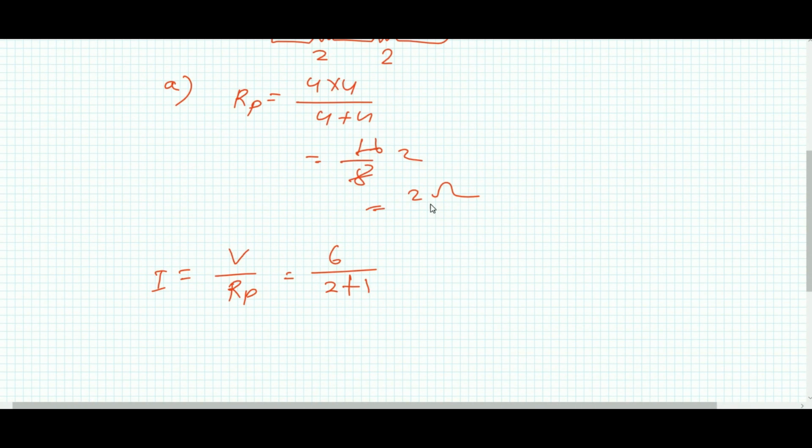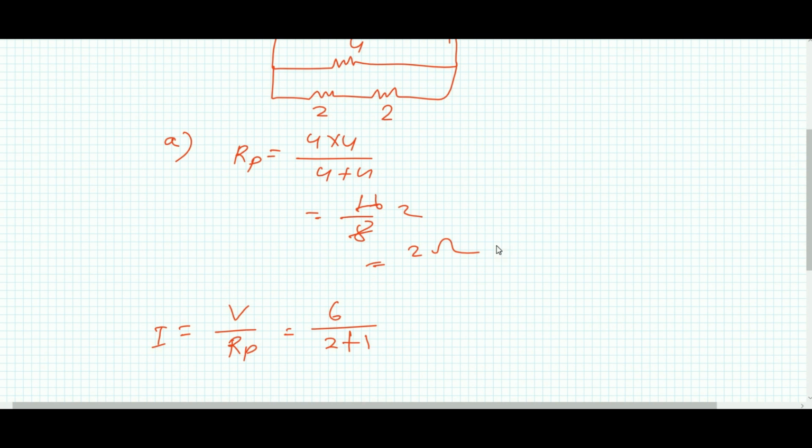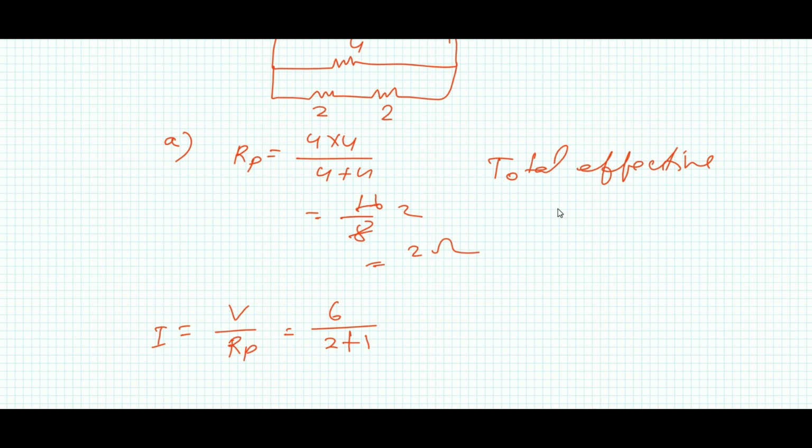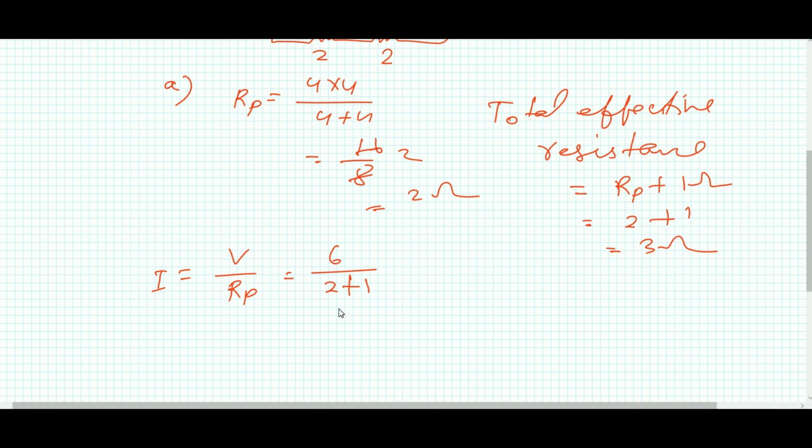Now here the resistance is incomplete. Why am I saying this? Because we have not taken the internal resistance here. Okay, so the total effective resistance will be Rp plus 1 ohm, that means 2 plus 1, that is 3 ohms. Okay, that's why I have written the 3 ohms here, right? This is the internal resistance of the battery, so it becomes 6 by 3, that is 2 ampere, right?